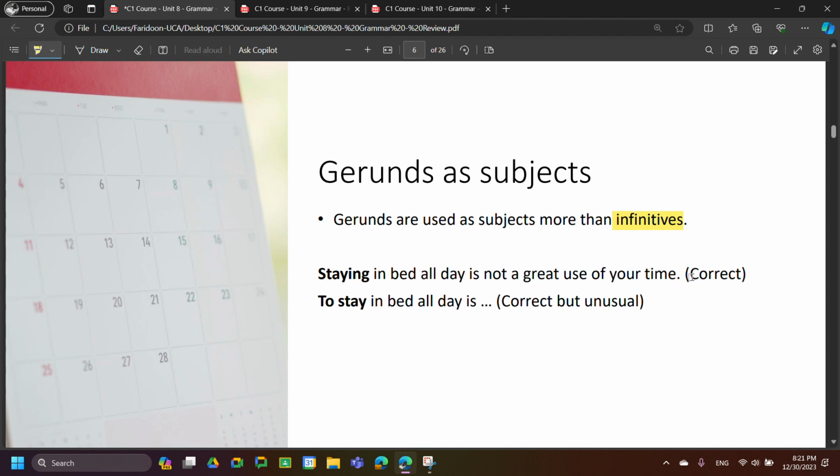This is correct, and of course, people like it as well. But if you say to stay in bed all day is not a great use of your time, it is technically correct, but it's a bit unusual. Nowadays in modern English, people don't really use infinitives as subjects. They use gerunds.